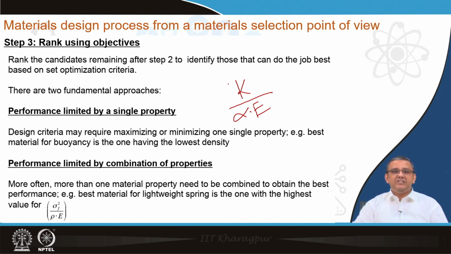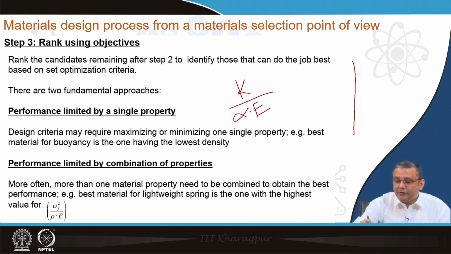Another important application is spring fabrication. This is a very interesting application. For springs, you want a material with a high elastic energy storage capacity, or rather a high resilience. Typically, resilience you can find out from a stress strain plot.